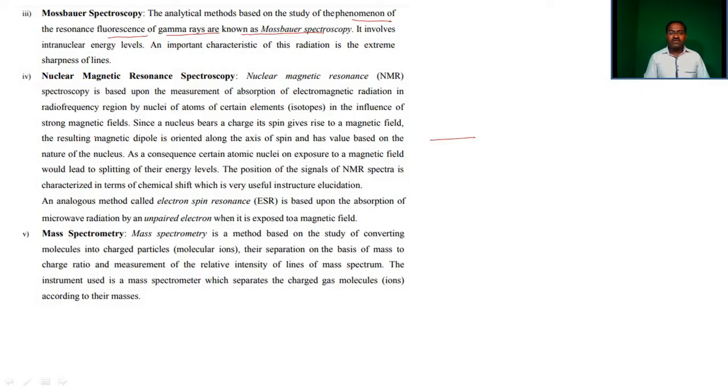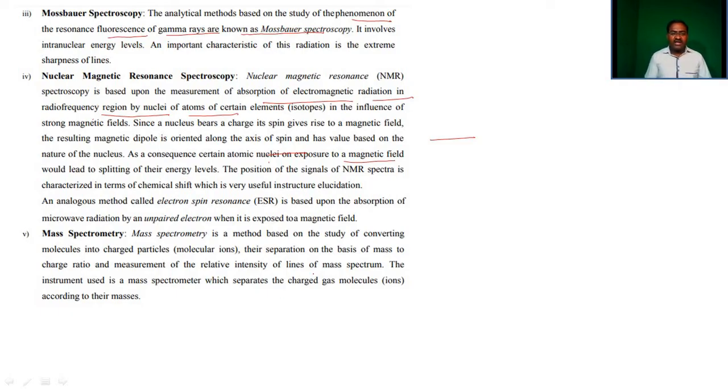The well-known nuclear magnetic resonance is based upon the measurement of absorption of electromagnetic radiation in the radio frequency region by nuclei of atoms of certain elements under the influence of a strong magnetic field.